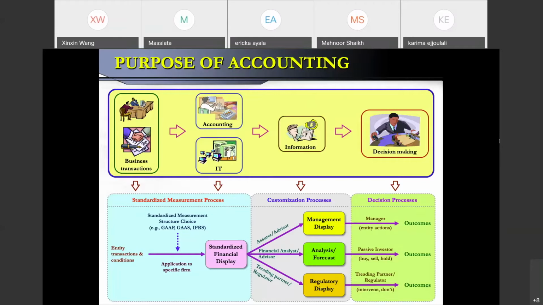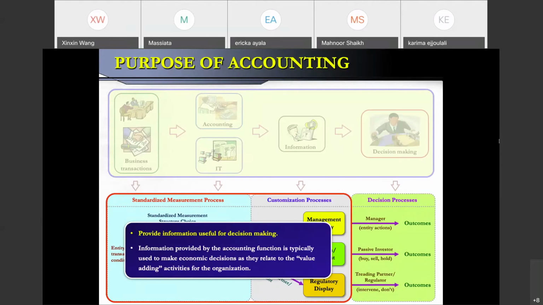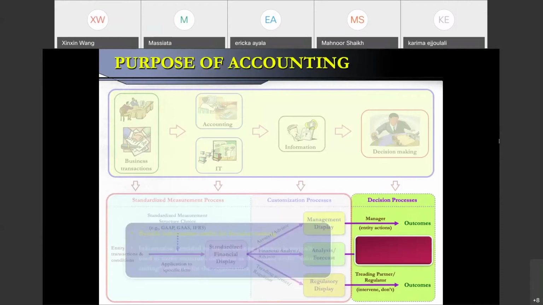What kind of information presentation channel you're using generates different outcomes for the decision-making process. Providing information for decision-making is the core of the purpose of accounting. And then it serves the information users.